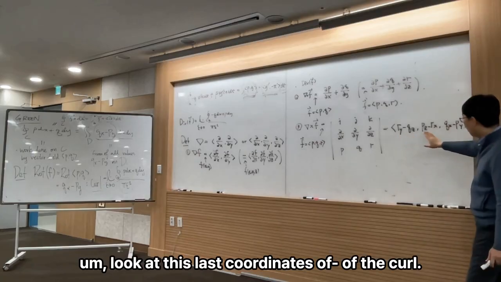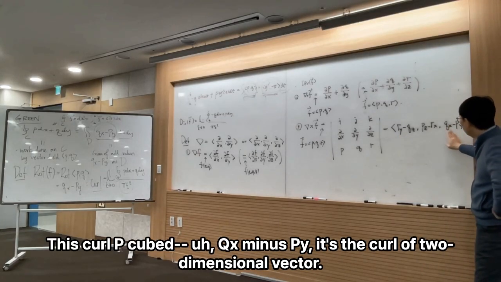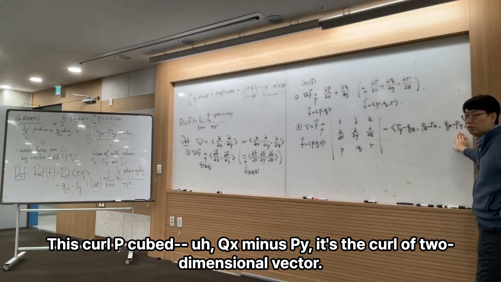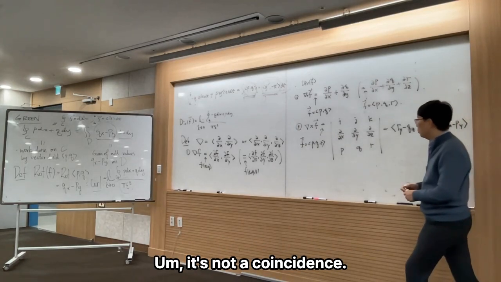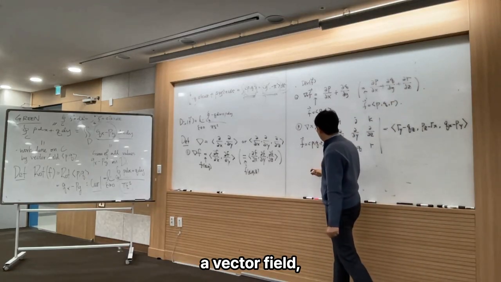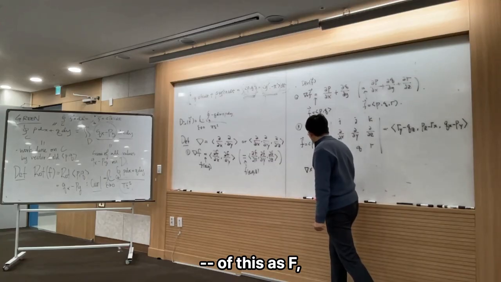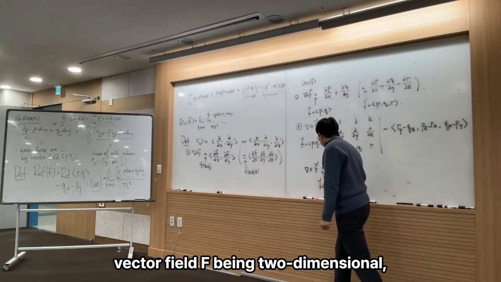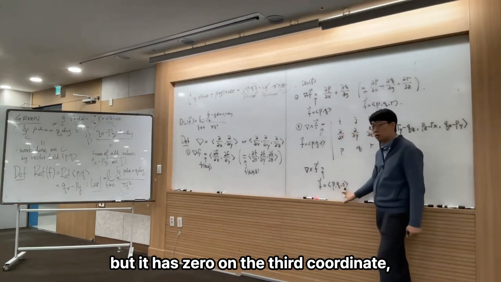By the way, look at the last coordinate of the curl. For curl of P, Q, Q_x minus P_y, it's the curl of a two-dimensional vector. So how come we got this? It's not a coincidence. If you have a two-dimensional vector field, you can think of this as the vector field F being two-dimensional, but it has 0 in the third coordinate.